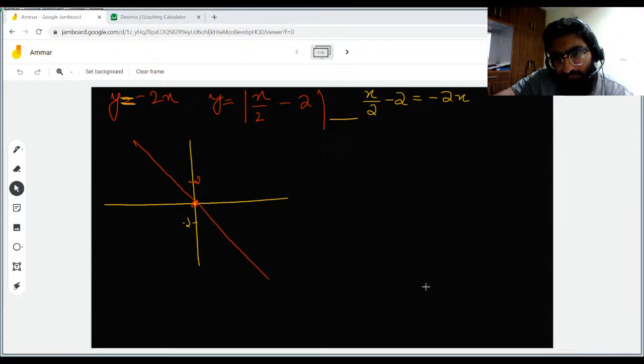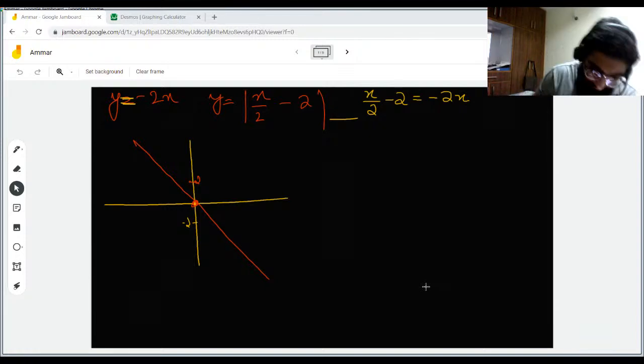Won't it become negative? Okay, no. Won't it become negative later on? It would when it becomes 4, right? But won't it be negative? No, let's see. Because here half x becomes positive in the mod, and when minus 2 goes equal to 0, half x is equal to 2, and x is equal to 4.